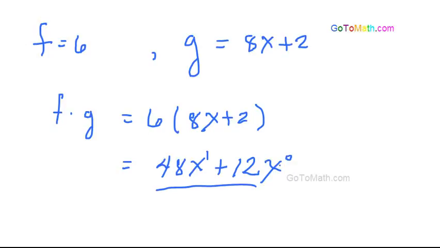And remember, with a real number raised to the 0 power, this is equal to 1. So there's really just a 1 here, and 12 times 1 is 12. So we write this, remember, in descending order, from left to right. Okay, no big deal. So we've got 48x plus 12.